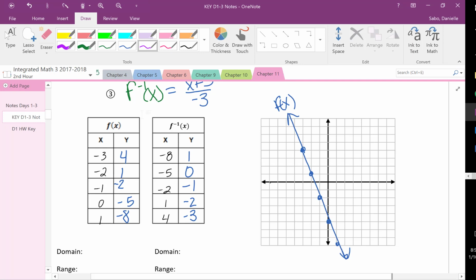So I have -8, 1. Oop, I think it's all the way down. 1, 2, 3, 4, 5, 6, 7, 8. Okay. Then I have -5, 0, 1, 2, 3, 4, 5.